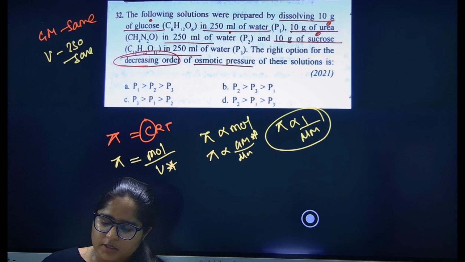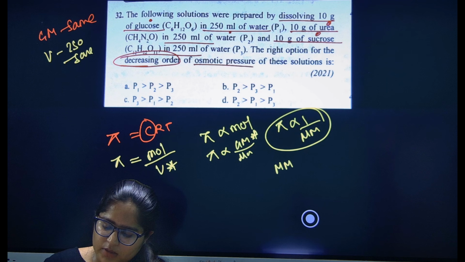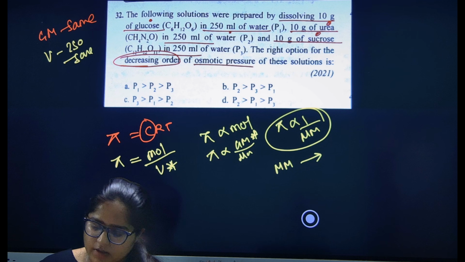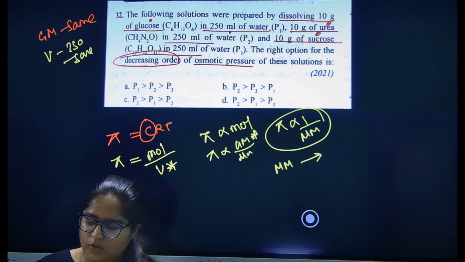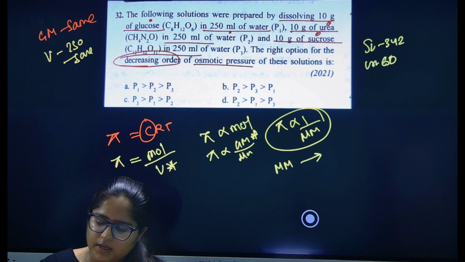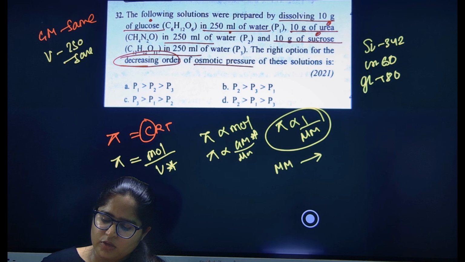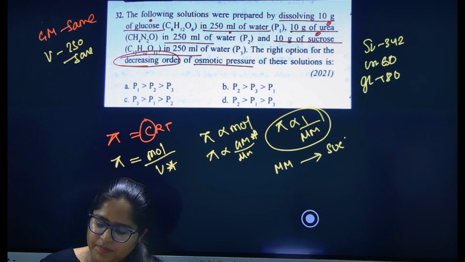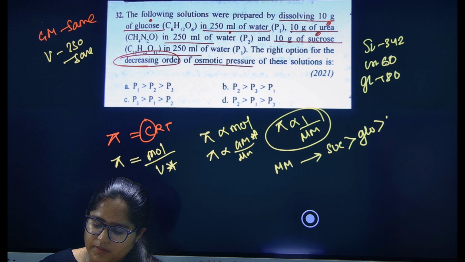Now let me arrange the molar mass. Sucrose will be 342, urea will be 60, and glucose will be 180. So first sucrose will come, then glucose, then urea.